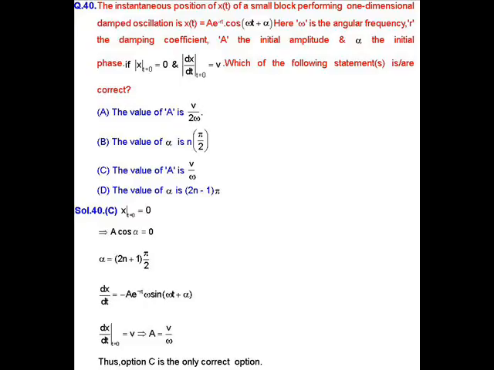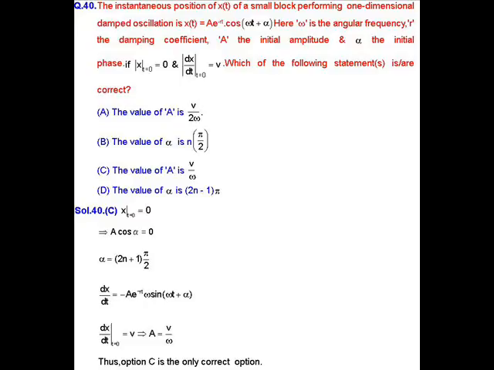In this question we have to find the initial amplitude a and initial phase alpha. To calculate these values, the initial boundary conditions are the position at time t equals 0 is 0, and the first derivative of the position with respect to time at t equals 0 is v. So first of all, given that x equals a e to the power minus gamma t cos of omega t plus alpha.